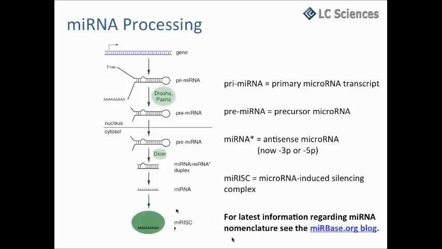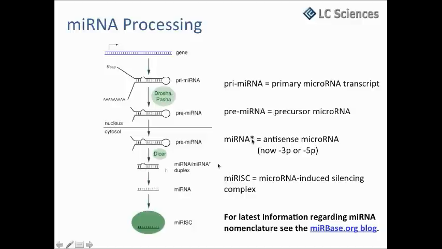And this then can dissociate, and at this stage we talk about the mature microRNA. What is shown here is the microRNA star, or with the asterisk, duplex, which is, like I said, the microRNA antisense duplex. The bulge here indicates a mismatch that's typically present. So these are not perfect matches.